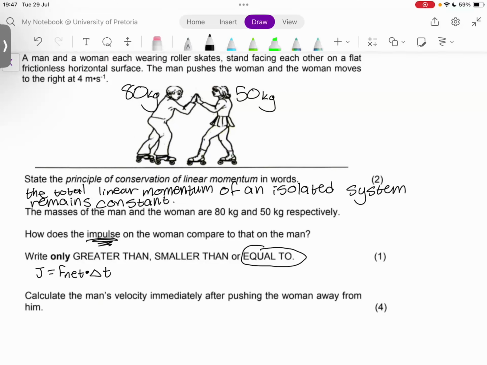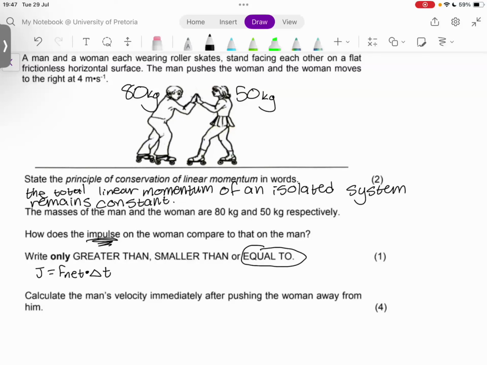So we can then agree that whatever forces are being exerted on each other, whether one pushes on the other or they both push against each other, is going to be the same for both of them. And thus the time that this net force is acting over is still going to be the same for both of them. So the correct answer for this one was equal to.